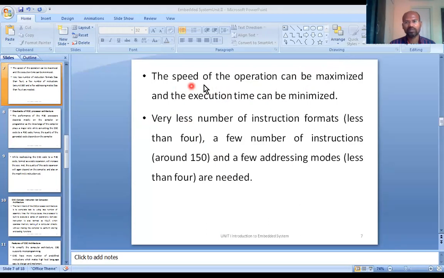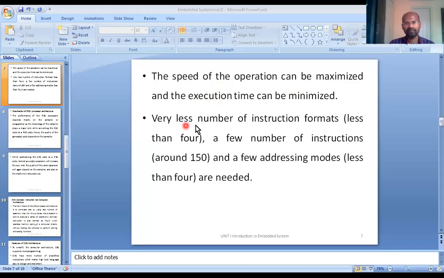This means the RISC instruction set executes much faster compared to CISC, where many instructions make use of memory contents directly. So CISC is very slow compared to RISC.